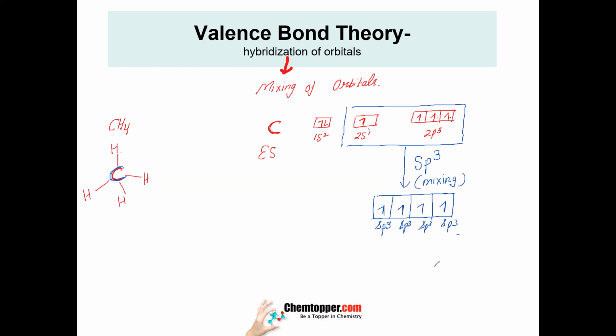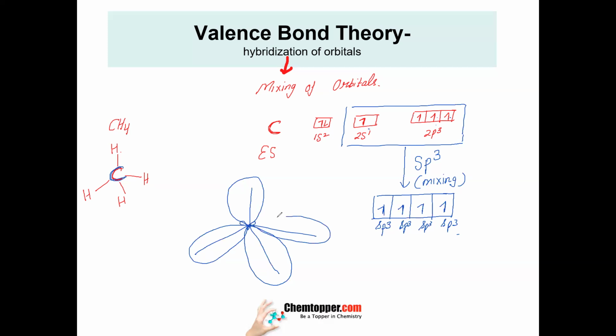The shape of the sp3 orbital will be around a tetrahedron. 4 means tetrahedron, like this. This is sp3, this is sp3, this is sp3, and this one is sp3.